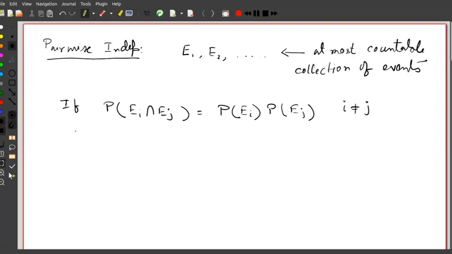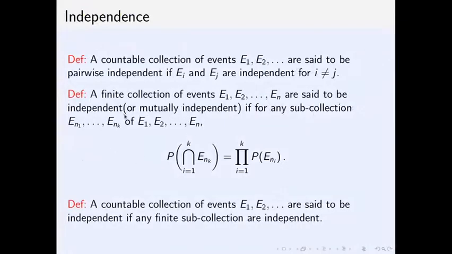The next concept is independence, or mutual independence. When we talk about independence or mutual independence, we first have to think of a finite collection of events.